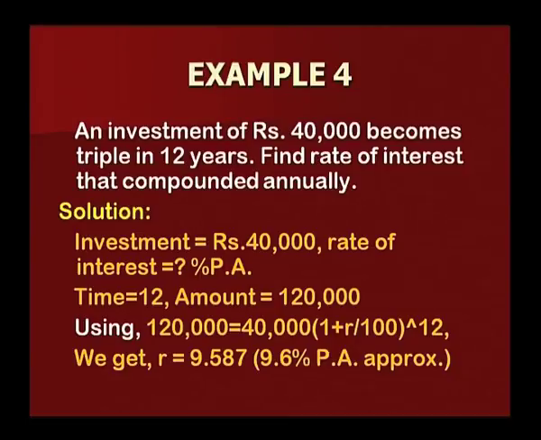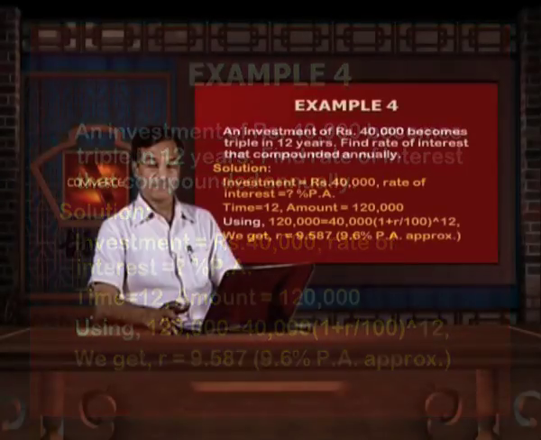Using the formula A is equal to P multiplied by 1 plus R upon 100 to the power n, we find 120,000 is equal to 40,000 multiplied by 1 plus R upon 100 to the power 12, that is R is equal to 9.587, 9.6% approximately.